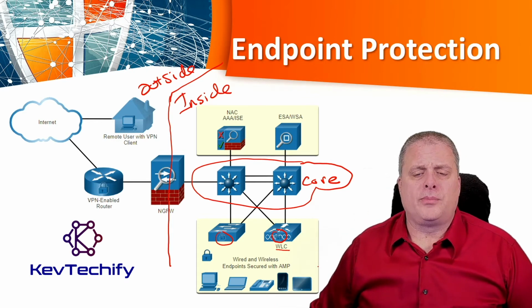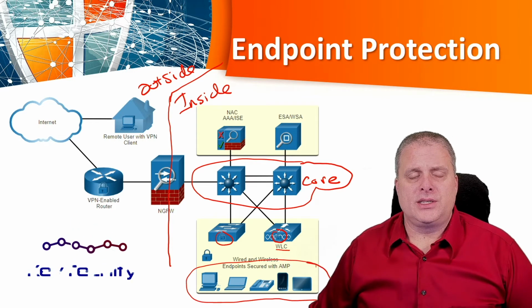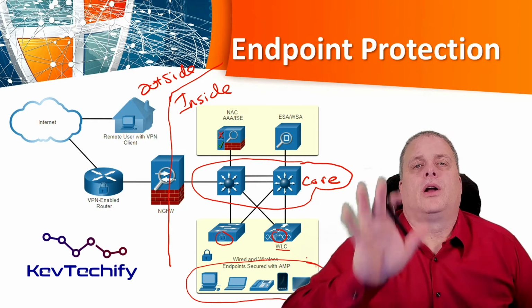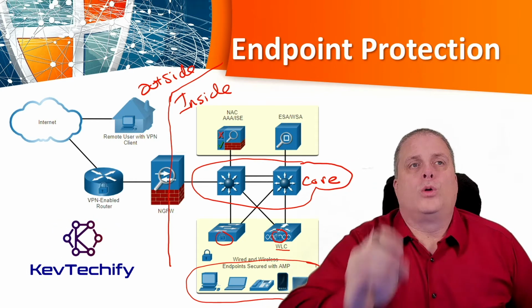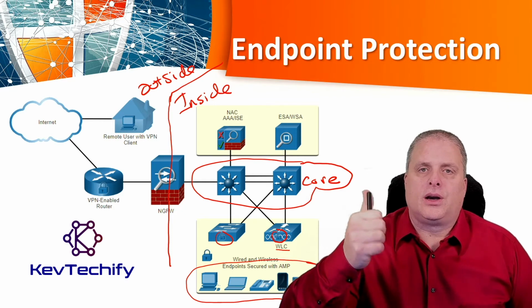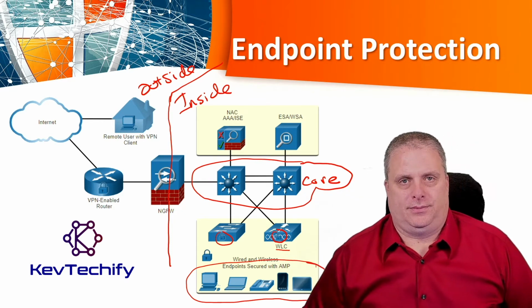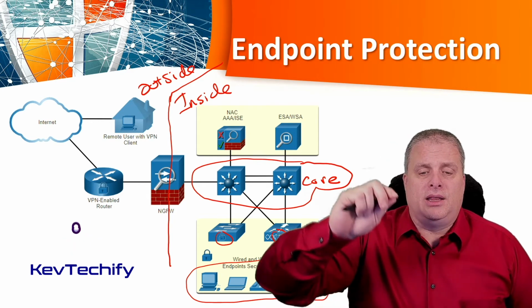We have all of our endpoint devices down here. These endpoint devices, they typically all run some sort of host-based software to protect them. That's your anti-malware. That is your virus protection. That is the different tools.